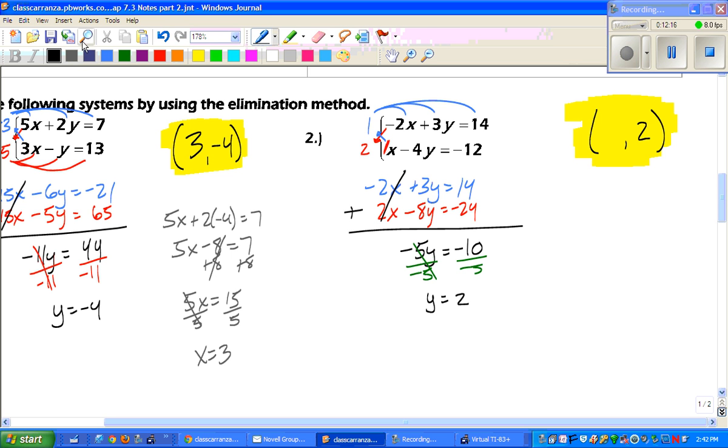Okay. I'm going to plug into the bottom equation because x is all by itself, and that's going to be the easiest. So we get x minus 8 equals negative 12. Add 8 to both sides, and you get x equals negative 4.